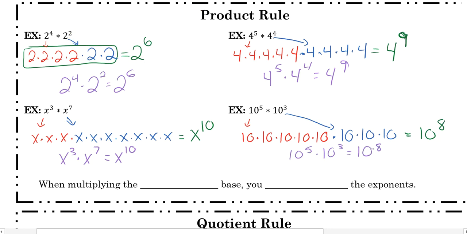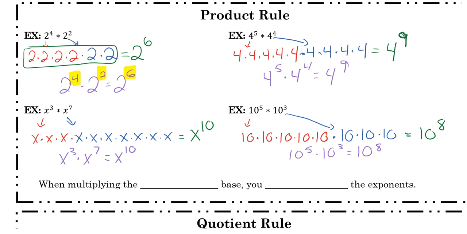So if you look through our examples here, I really want you to focus on what's happening with the exponents. What's the relationship? So we had 2 to the 4th times 2 to the 2nd, and that gave us 2 to the 6th. How am I going to go from having a 4 and a 2 to then getting a value of 6?